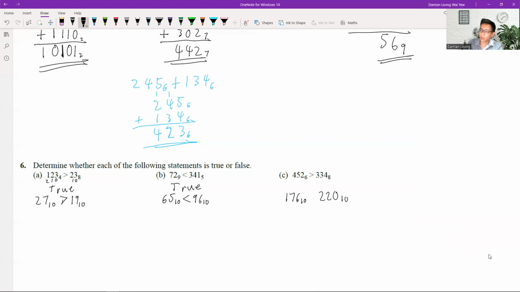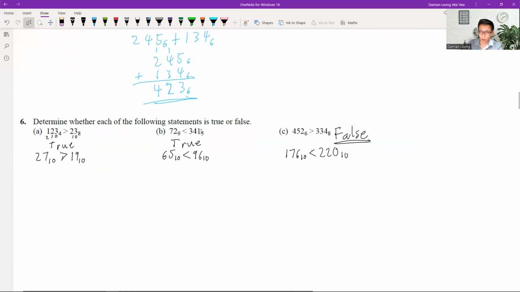So we compare this in base 10, obviously 220 is the bigger one. Wrong direction, so this is false. So it's true, true, false. That's for question 6 here.